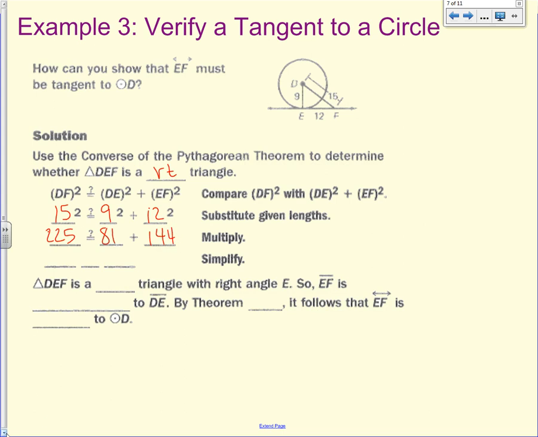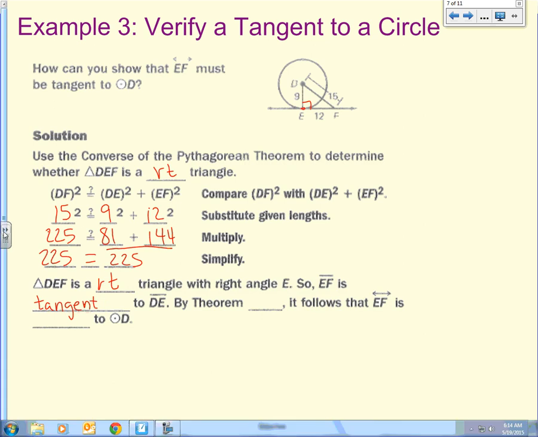When we add those together, this side is still 225, but when we combine those terms, we also get 225, and so they are equal. And so because we end up with equal measurements, we know that we have a right triangle. And so because this right angle is here at E, and E would be considered a point of tangency, we know that EF is tangent.